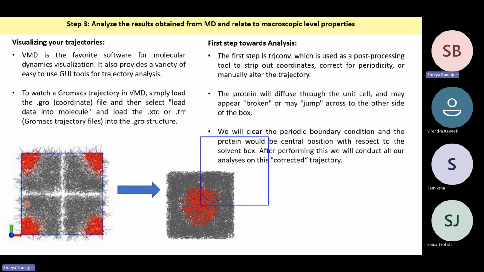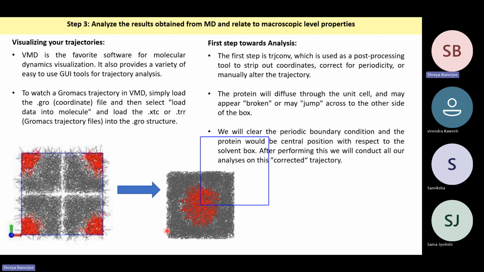So in VMD, there is a box like this, and sometimes the trajectory appears like this. Basically, initially it can come like this, and then a command has to be given, trjconv, which is a post-processing tool. It will alter the trajectory so it properly fits the box.